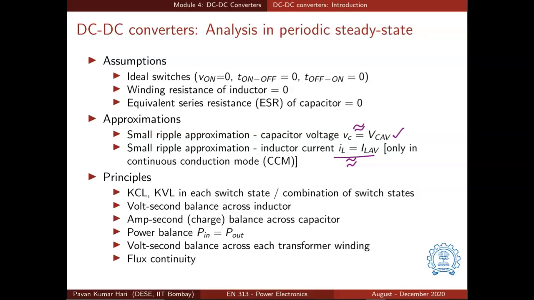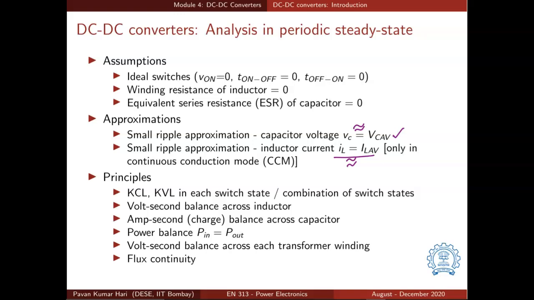And then what are the principles that we use to do this analysis? So we have certain assumptions, we have certain approximations, and then what are the methods? The principles are, of course, KCL and KVL. So we know the switch state combinations and we apply KCL and KVL. So we get the expressions for the quantities of interest, and then we apply the principles of periodic steady state.